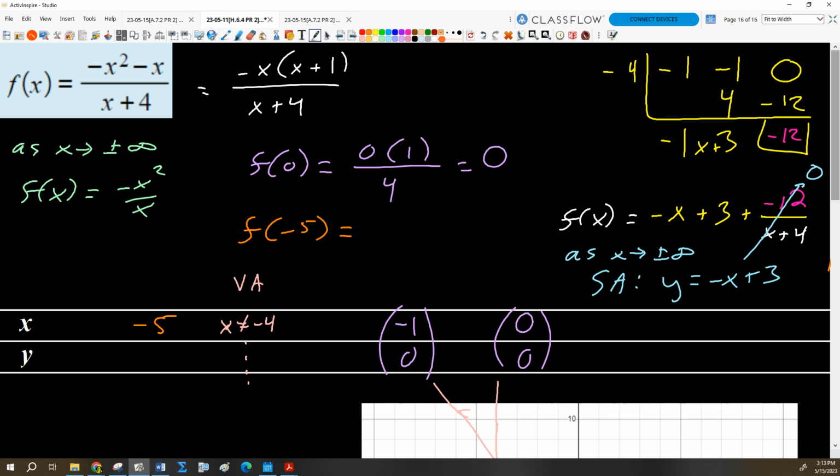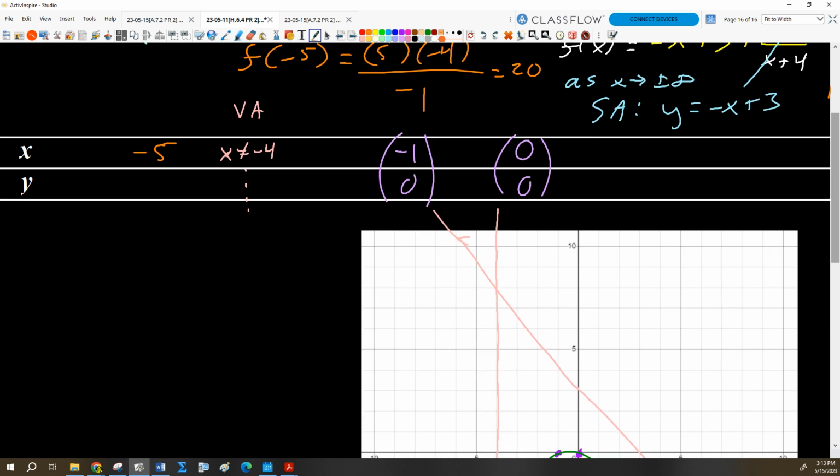So if I plug negative 5 in, negative x is positive 5 times negative 5 plus 1 is negative 4, divided by negative 5 plus 4 is negative 1. Well, that gives me negative 20 over negative 1. What's that? 20. So if f of negative 5 is 20, I've got the ordered pair negative 5, 20.